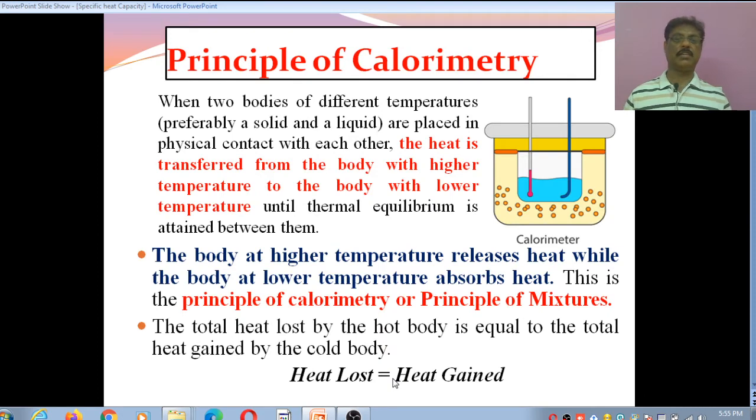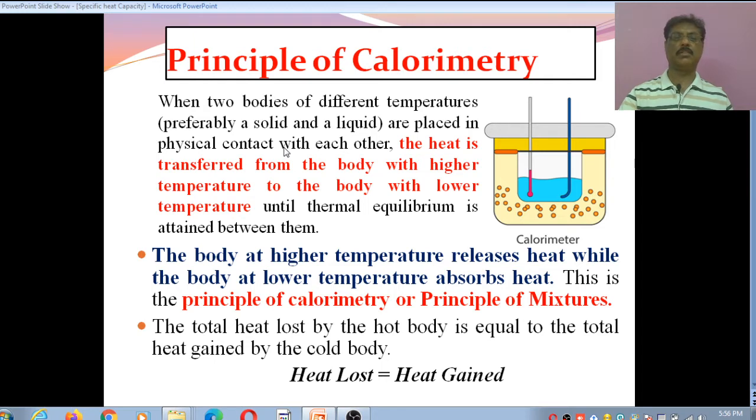Next, let us see the principle of calorimetry, or the principle of mixtures. According to this principle, we consider two bodies at different temperatures, which may be a solid or a liquid, placed in physical contact with each other.